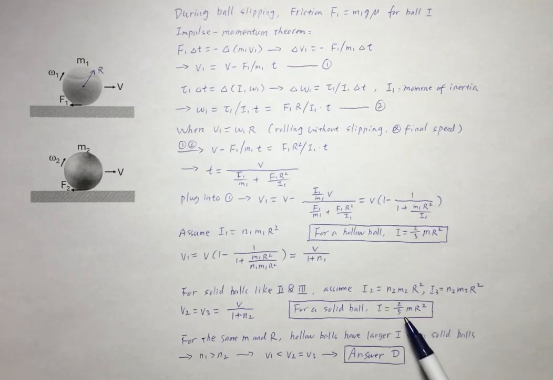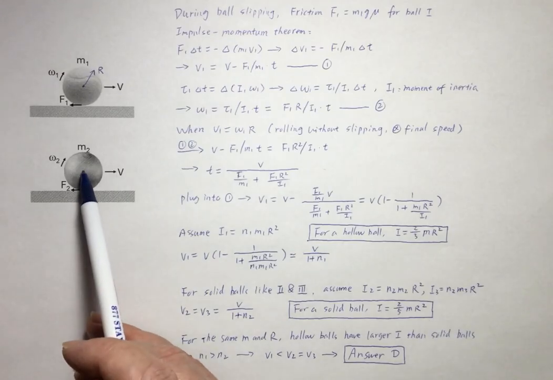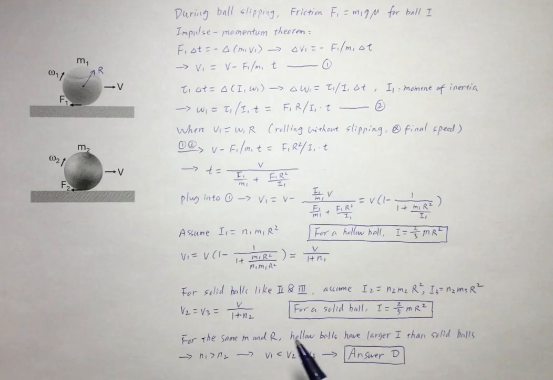Remember, all this moment of inertia is relative to a rotating axis going through the center of the ball. So now we have a different coefficient n2. For a solid ball like ball 2 and ball 3, the final speed v2 equals v3, which is v over 1 plus n2.